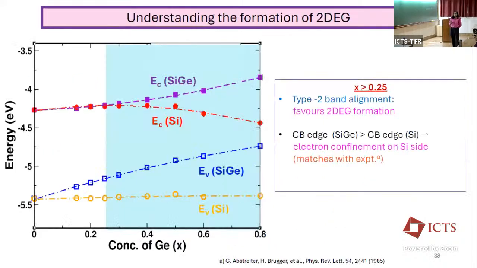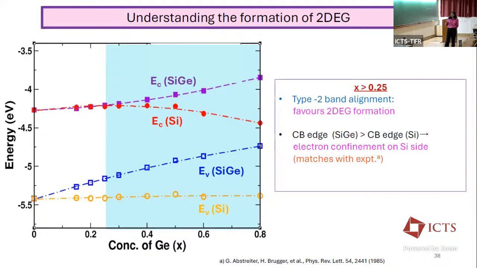And then if I come to the formation of 2D electron gas, if you look at the other part of the band alignment diagram, at concentrations greater than 0.25, you have a conduction band offset opening up and it increases. And there's also a valence band offset. To mention here, the conduction band edge of silicon germanium is higher than that of silicon.